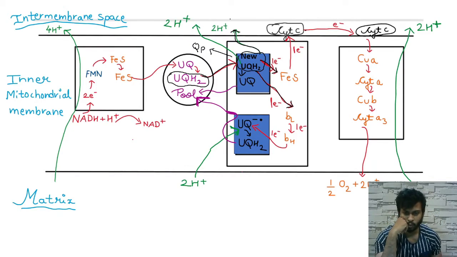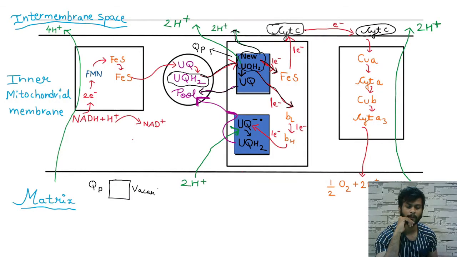After losing 2 protons and 2 electrons, fully reduced UQH2 will get converted into fully oxidized ubiquinone, and ubiquinone will again enter into its pool, which means the QP site is again getting vacant or empty.